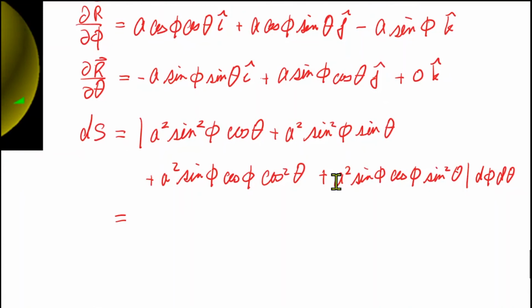Okay, let's see what we got. This a squared sine phi cosine phi is a common factor, and sine squared plus cosine squared gives you 1. So this whole thing is just that much. Good. A squared sine phi cosine phi is all we got. And I have sine squared phi and I have sine squared phi.